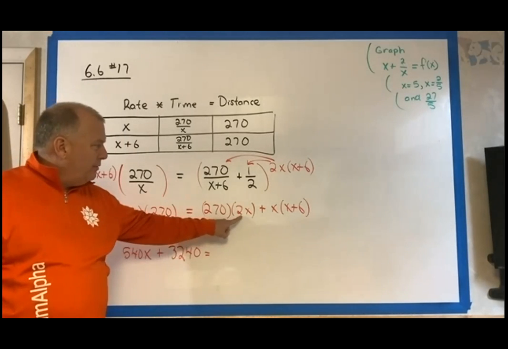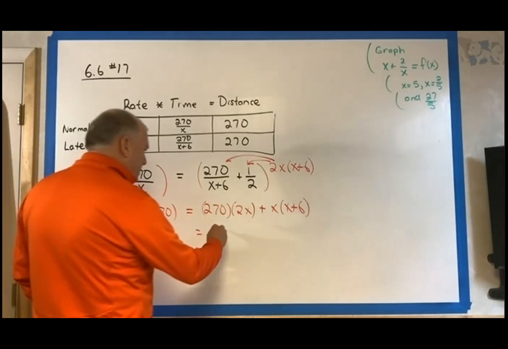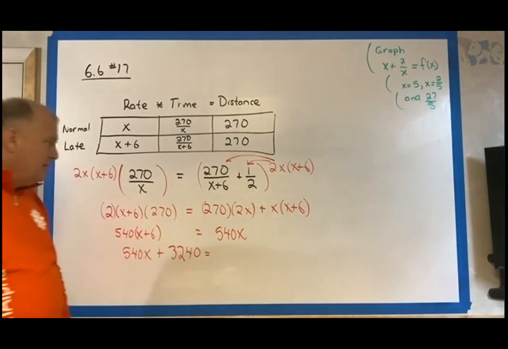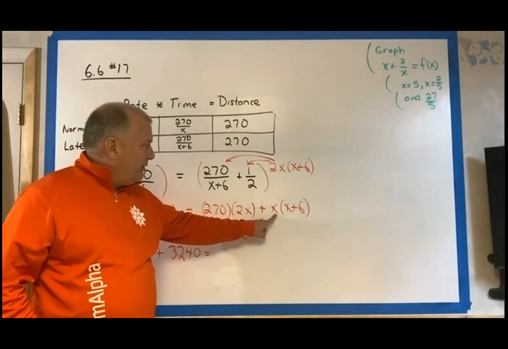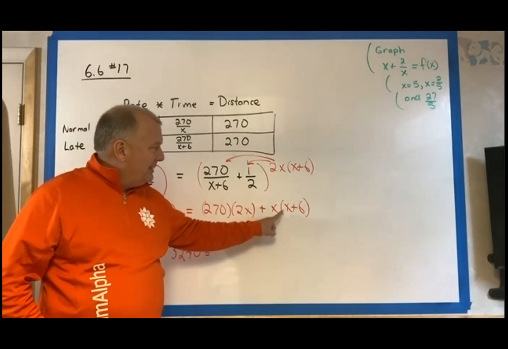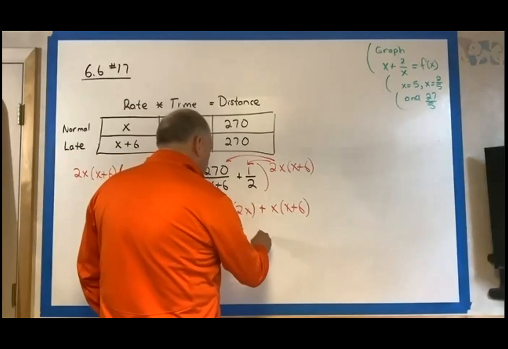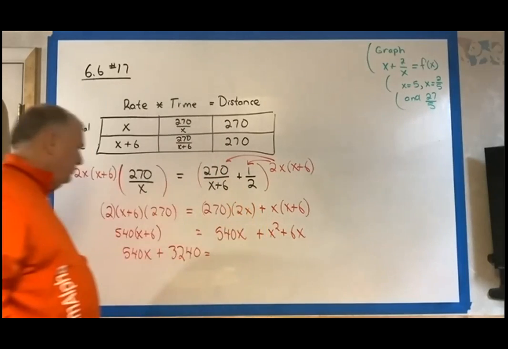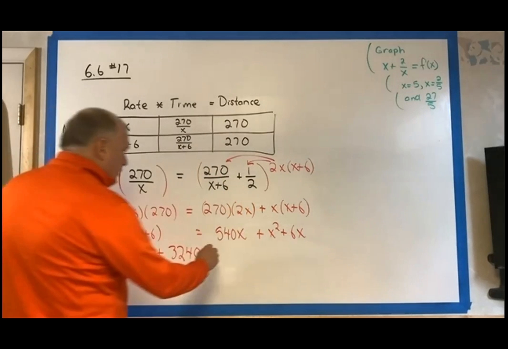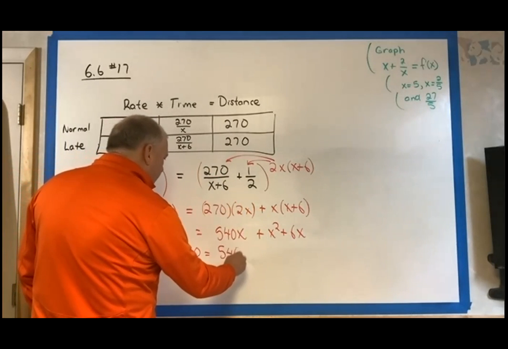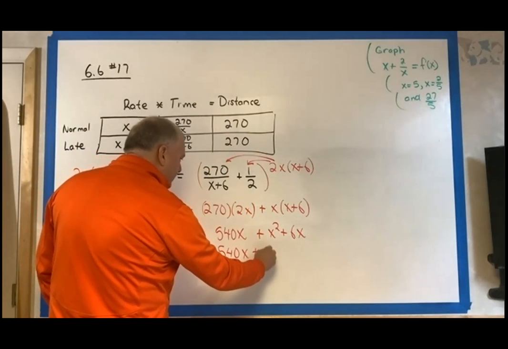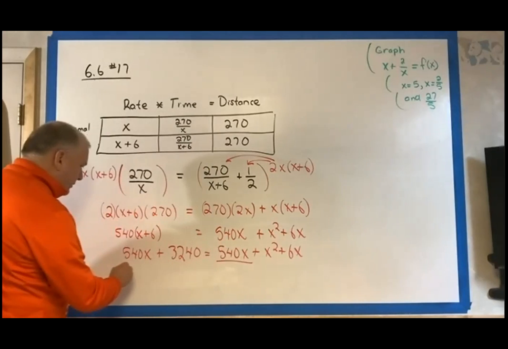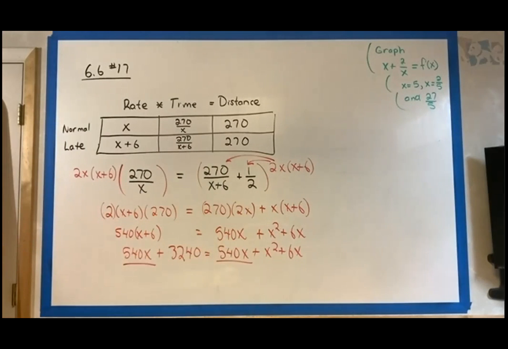Over here, it's 540 x's. And here is x squared plus 6 x's. So I got one slightly positive thing that's going to happen. At least I get to cancel out 540x.